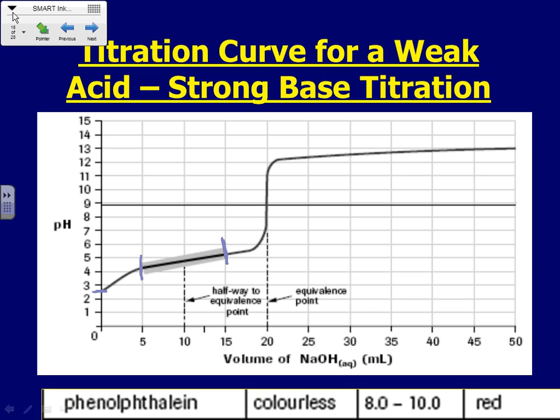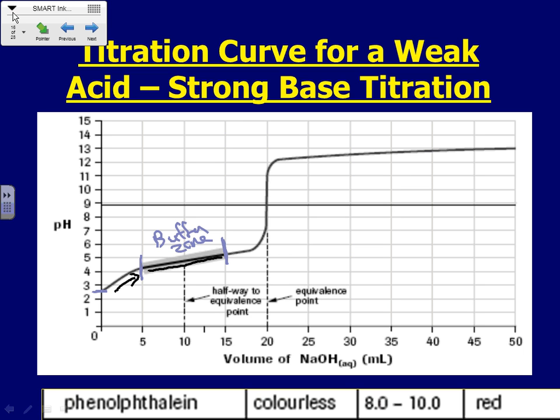We know that as a buffer. This is our buffer zone. When titrating a weak acid with a strong base, the pH will initially spike up a little bit until a natural buffer is formed, and we will get this plateauing of the pH. And that's where it's acting as a buffer.